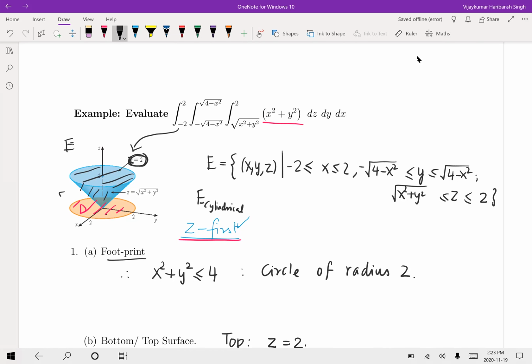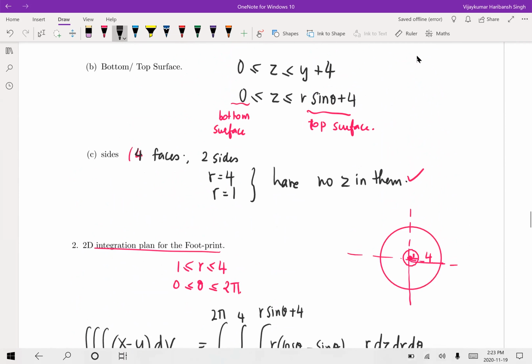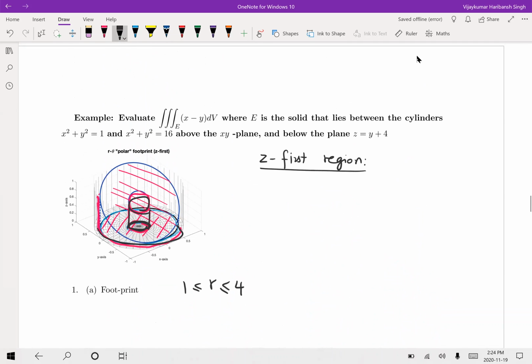I'm using a subscript to indicate that we have cylindrical r theta z, where your z was between r and 2, your theta was between 0 and 2 pi, and your r was between 0 and 2. Now, same thing here as well. What is your E in this region? So let's write that down as well. What would be my E in this case? So E was, again, r theta z.